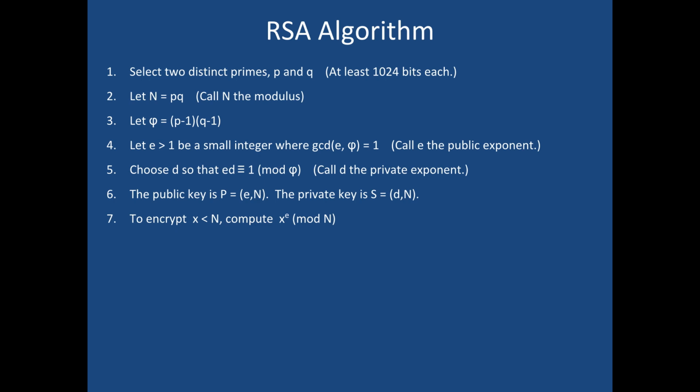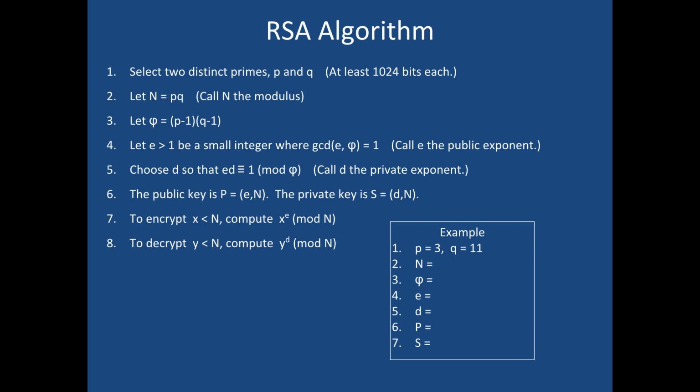To decrypt, you do the same thing, but you use D. So it's just modular exponentiation to encrypt and to decrypt. So that uses all our algorithms: modular exponentiation, GCD, extended Euclid, prime generation to get started in the first place.